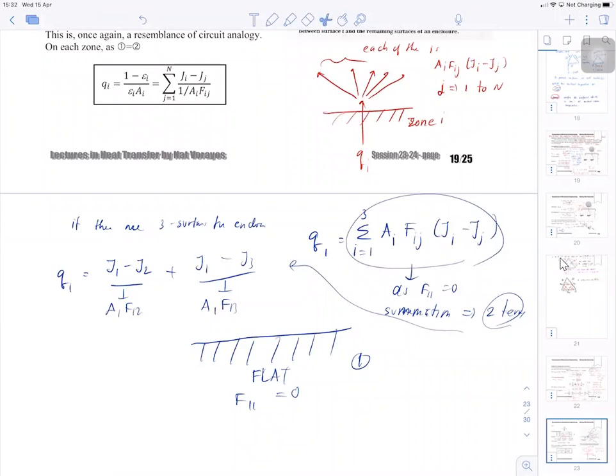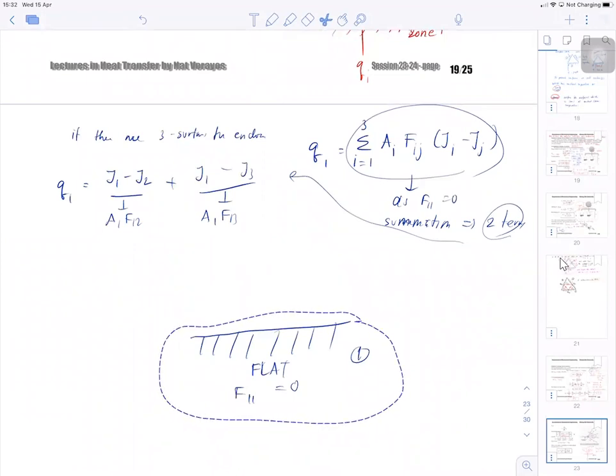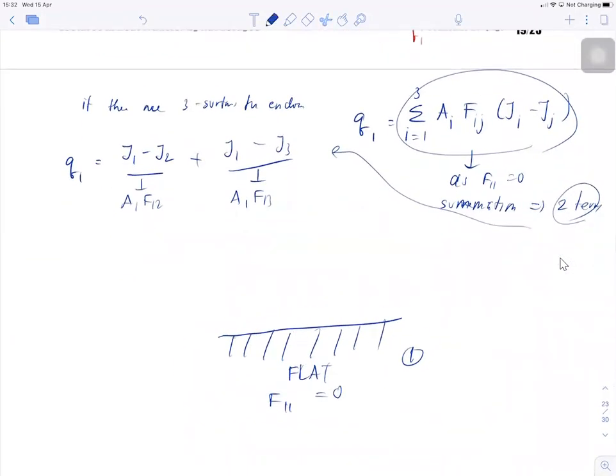So when it's not black, and you have a surface like that, you have Q going in like that, and you divide the Q into 2 parts. This is going to be J1 and you enclose on two sides. This is going to be J2.